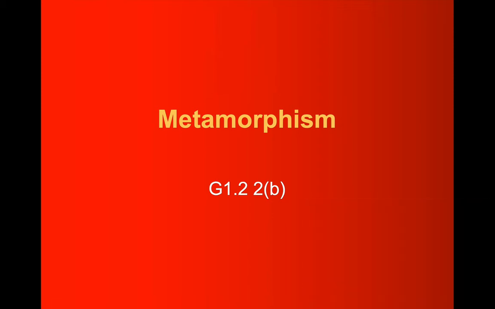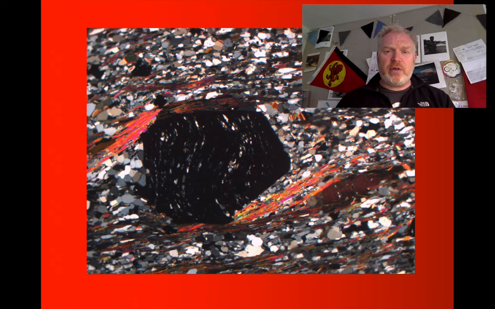This is a metamorphic rock. How can we tell? What is it about this rock that reveals its metamorphic origin? We need to think about what we actually mean by this term metamorphism, really, to understand that.